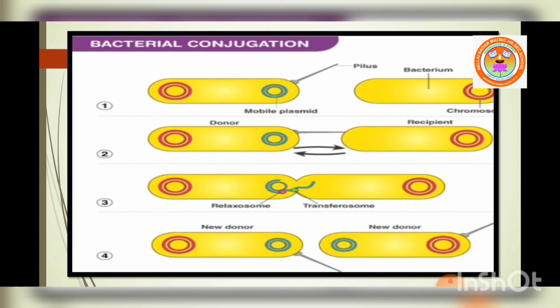There is no formation of gametes, but exchange of nuclear material from one bacterium to another bacterium, or one individual to another individual of the same species, takes place. So this is another important type of sexual reproduction. So far we discussed what is sexual reproduction and the types of sexual reproduction seen in animals, that is syngamy and conjugation.